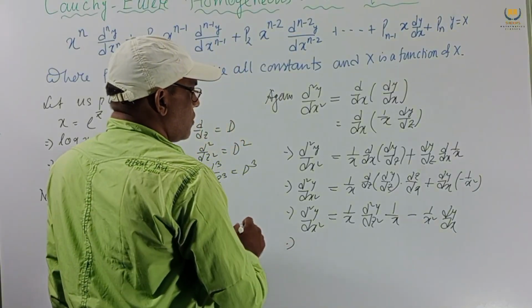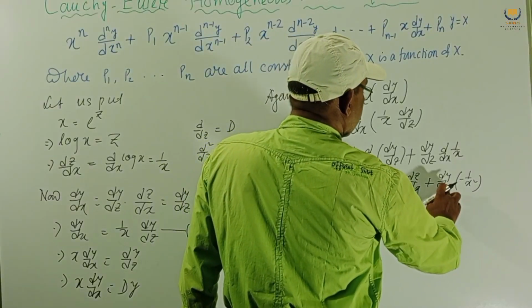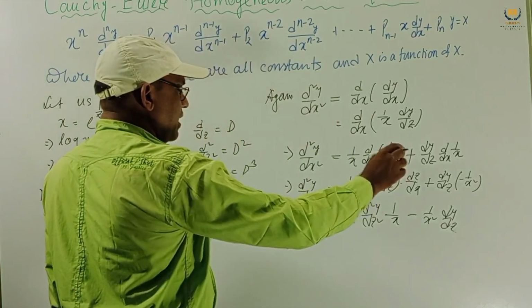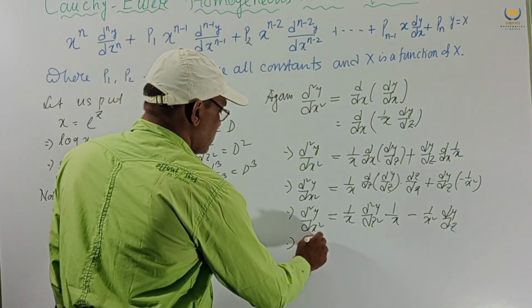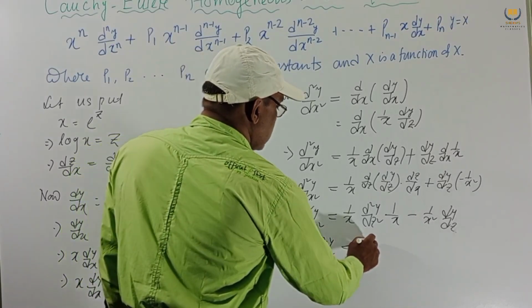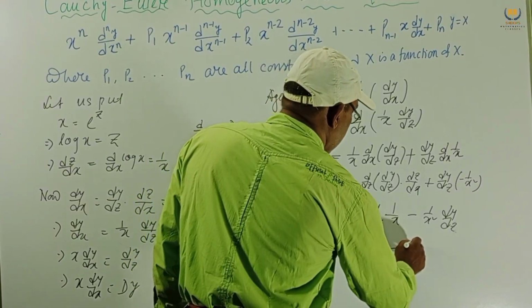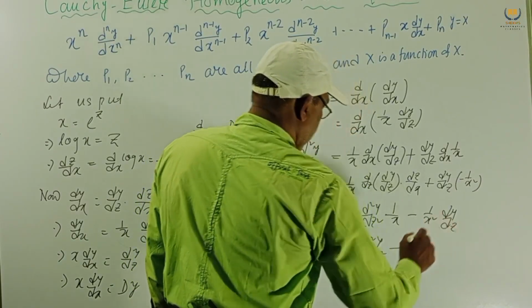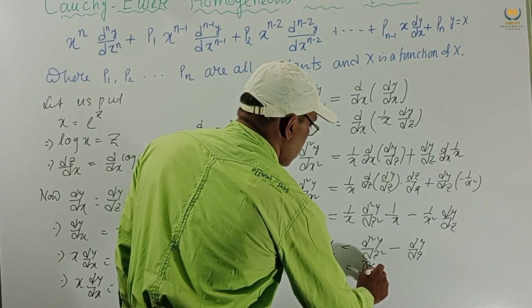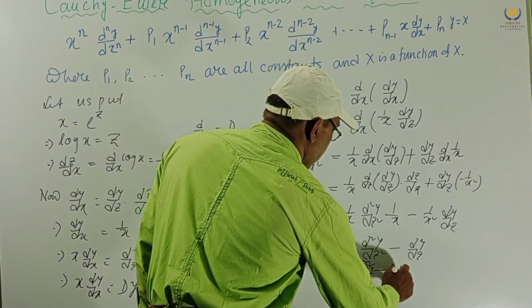Multiplying both sides by x^2, we get x^2 d^2y/dx^2 equals d^2y/dz^2 minus dy/dz, or we can write D^2 y minus Dy.